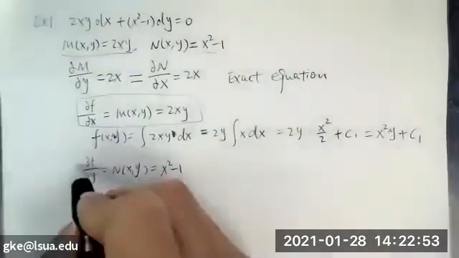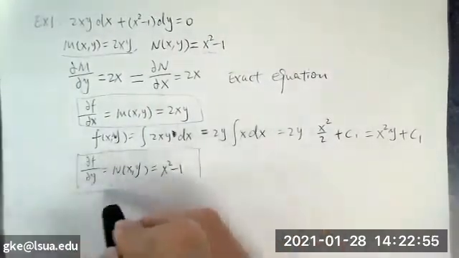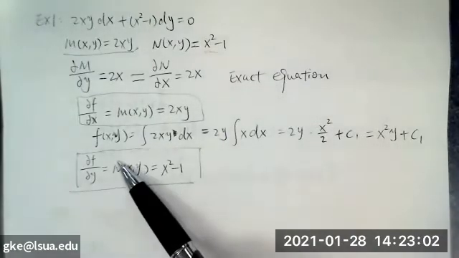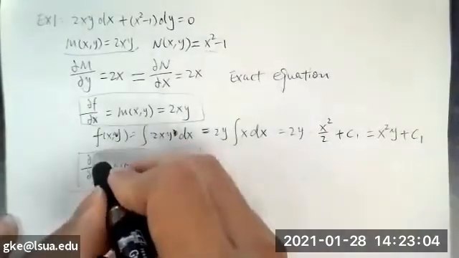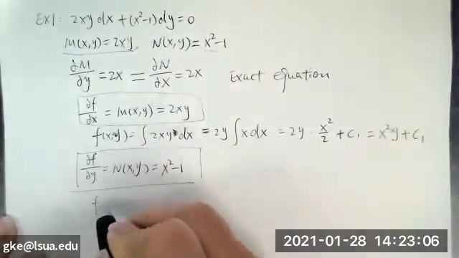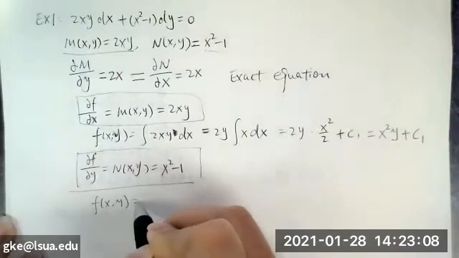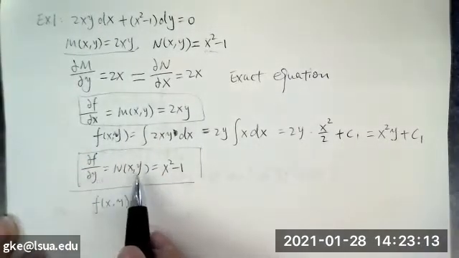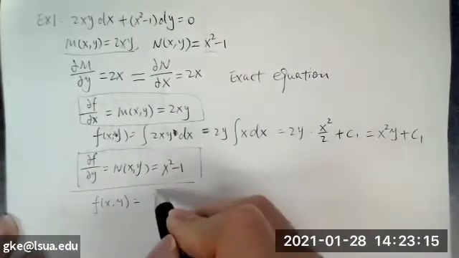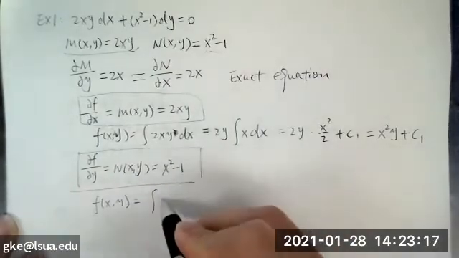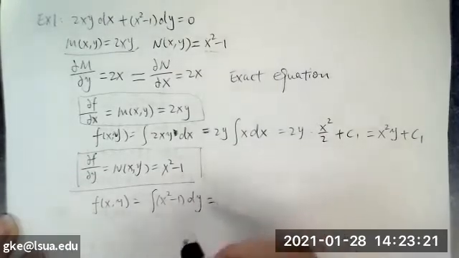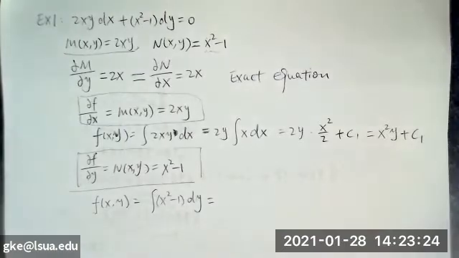The second condition, the same thing. In order to find f(x,y), what are we going to do? We need to do the integral. And be careful, these are partial derivatives with respect to y, so we need to do the integral with respect to y.